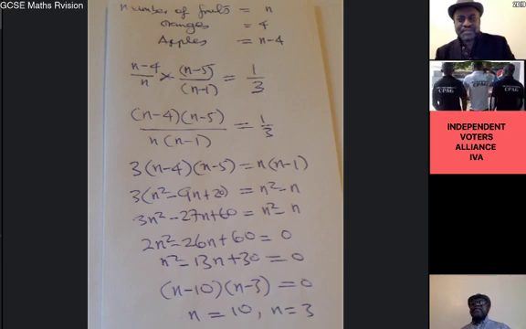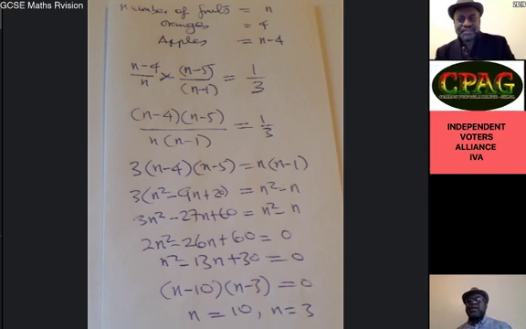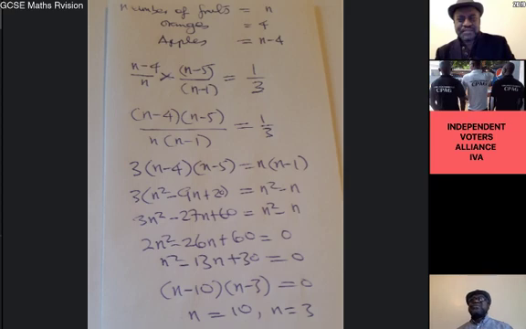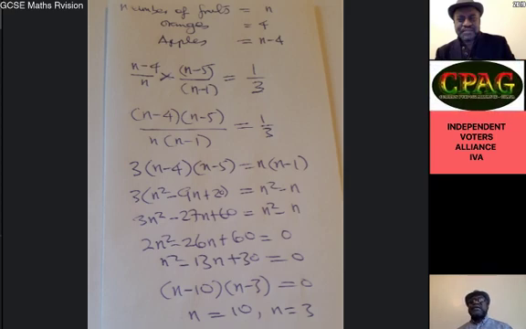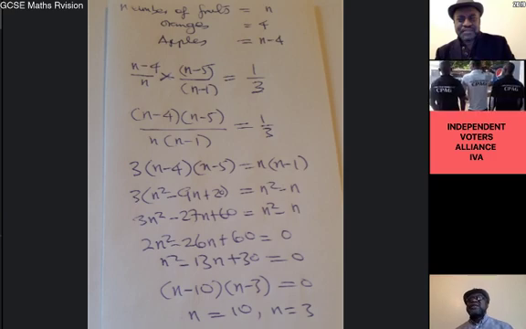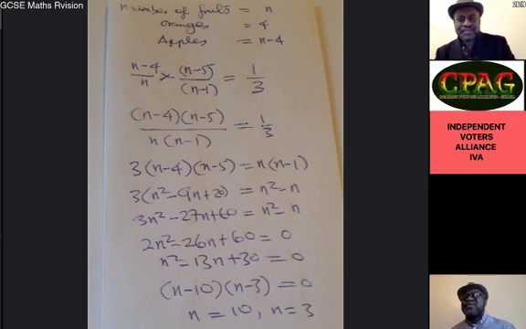Again, the number of fruits in the bowl has been reduced by 1. So the denominator is no longer n, the total number of fruits in the bowl. The total number of fruits in the bowl now is n minus 1. So that is how it goes.